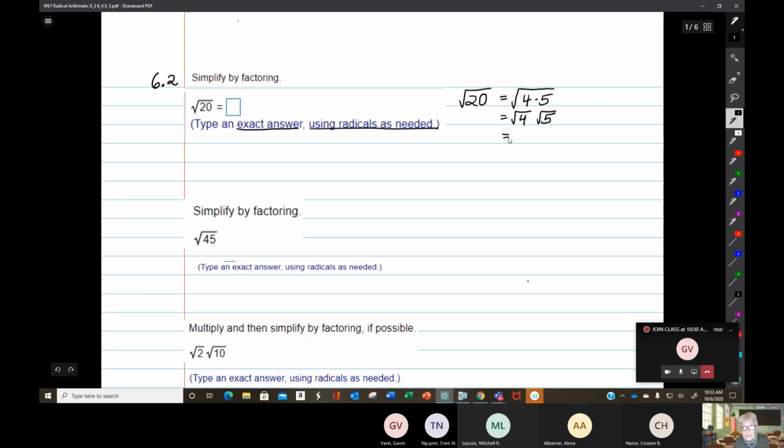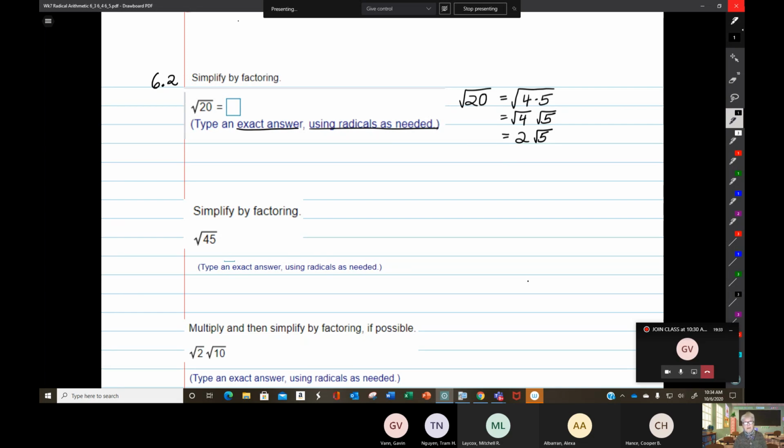The square root of 4 is 2, and no radical. But the square root of 5 is an irrational number. It's just the square root of 5, and you can convince yourself of that by taking the square root of 5 on your calculator and finding out that it gives you a long run on decimal, and so it's got to stay this way, and that is the answer.